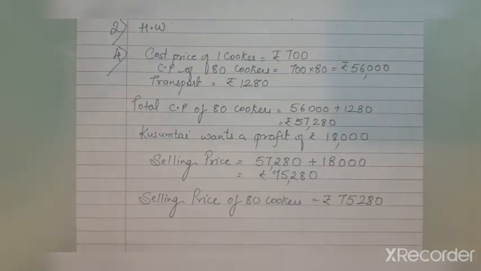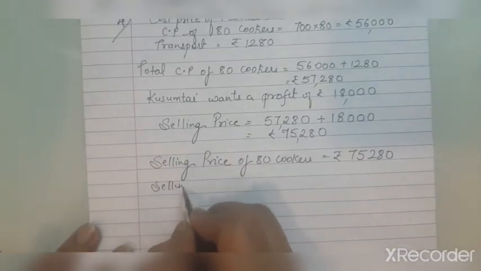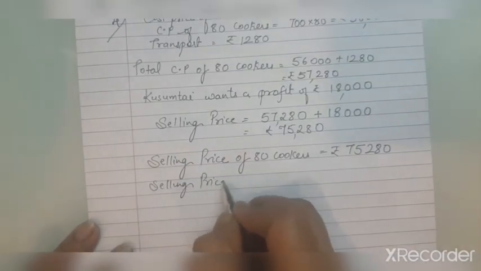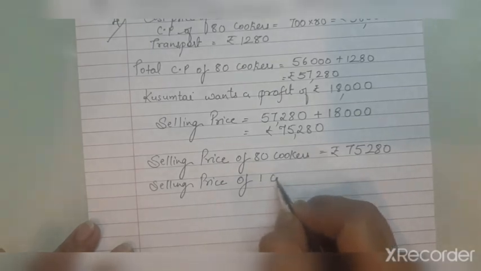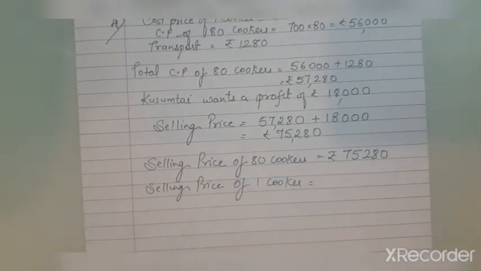But they have asked us to find the selling price of one cooker. So if we have to find the selling price of one cooker, as I have explained in the last videos also, if it is given for many and we have to find for one, we need to divide.